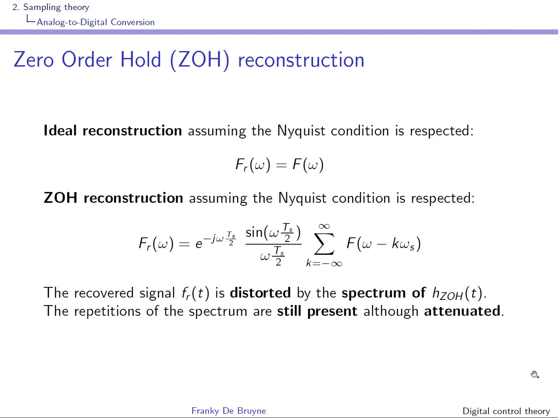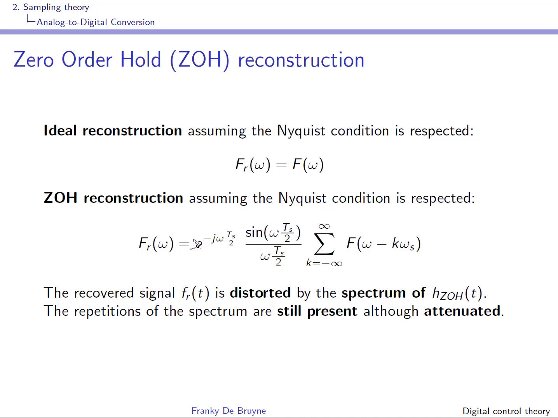So we had seen that using ideal reconstruction, at least assuming that the Nyquist condition is verified, we can reconstruct the Fourier transform of the original signal. But we remember that this ideal reconstruction in practice is not realizable. This is why we looked at a pragmatic way to reconstruct the signal, which is the ZOH reconstruction. And again, if we assume that this Nyquist condition is respected, this is what you obtain.